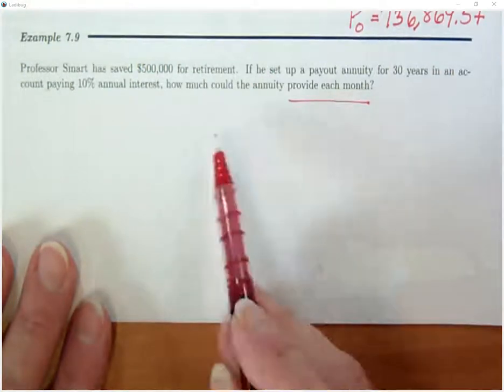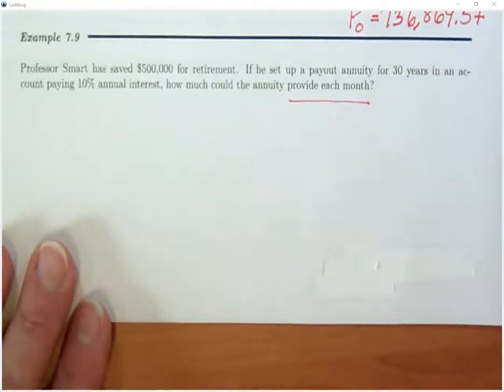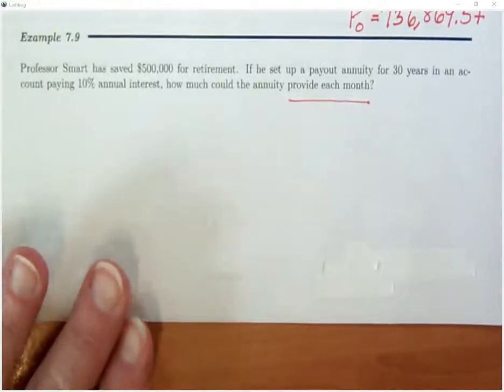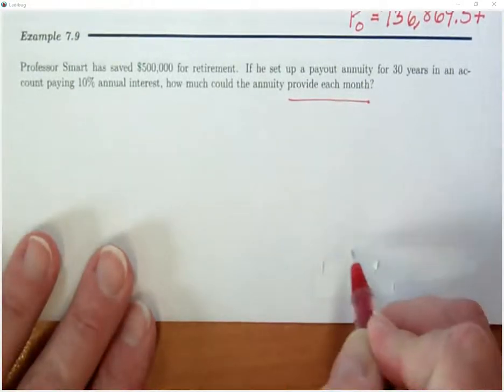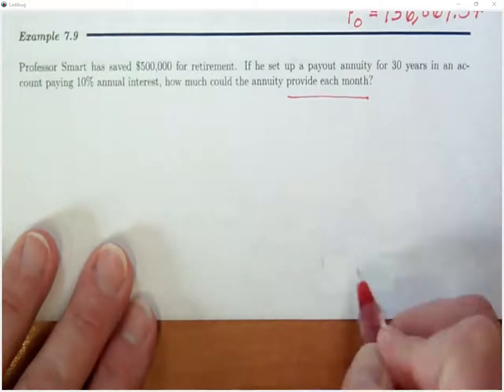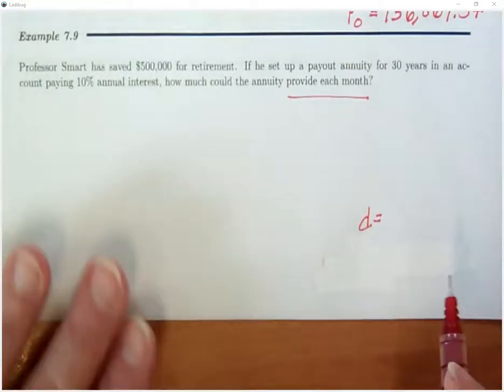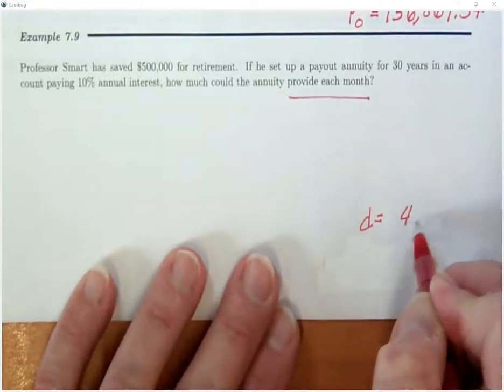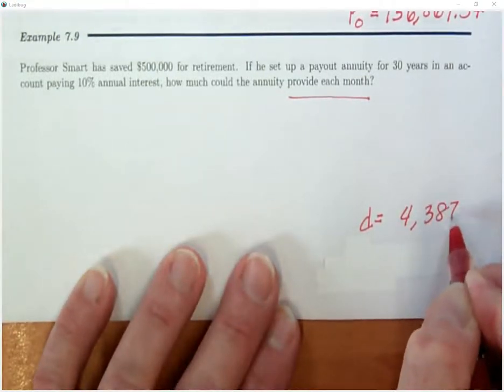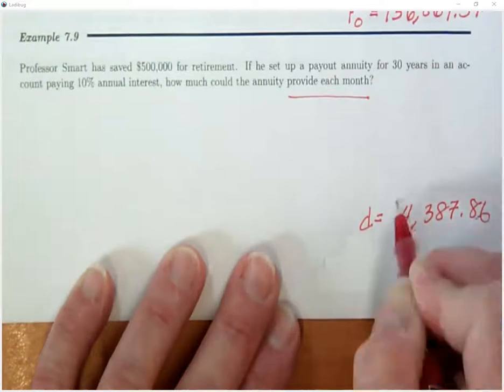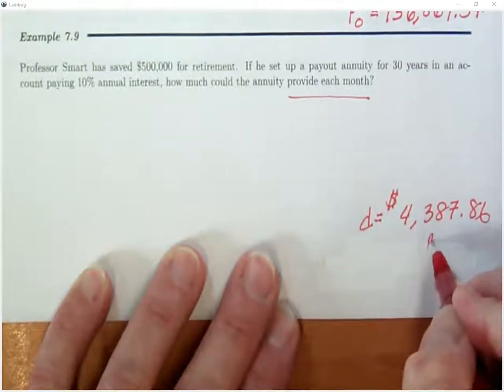So even though it's D for deposits, it could be W just as easily. So the answer for that one is your D equal to $4,387.86 per month.